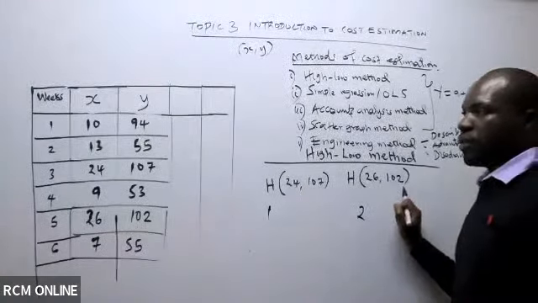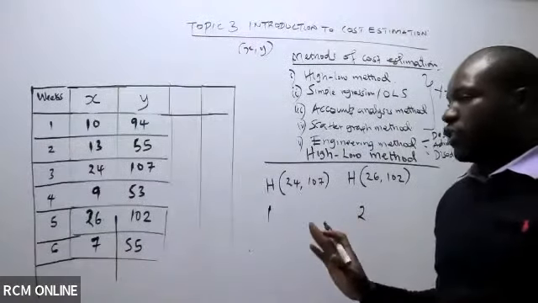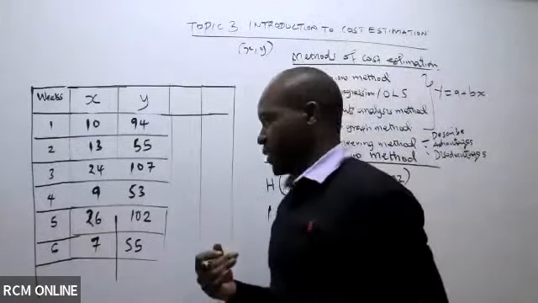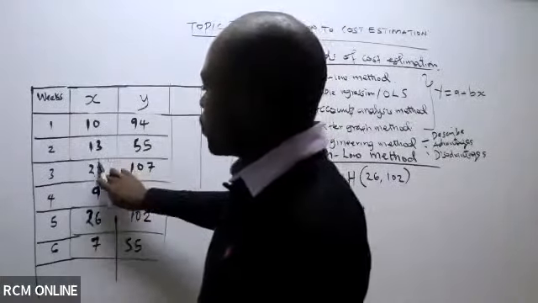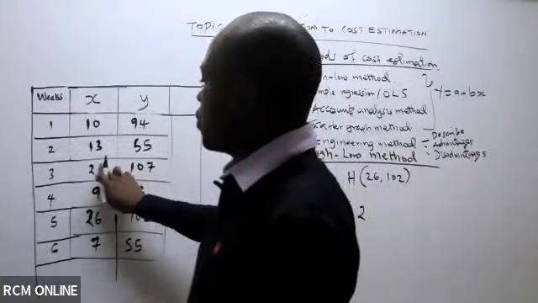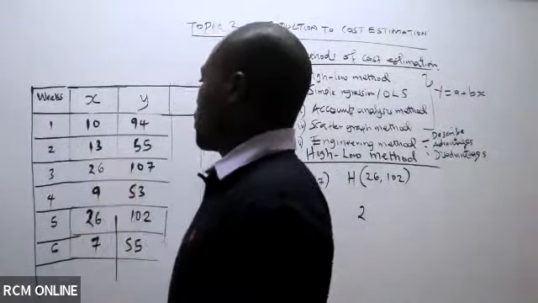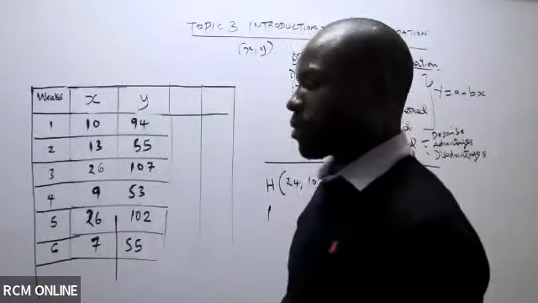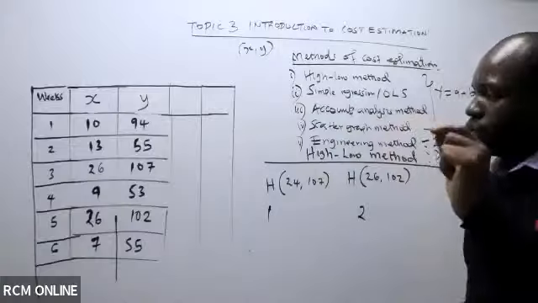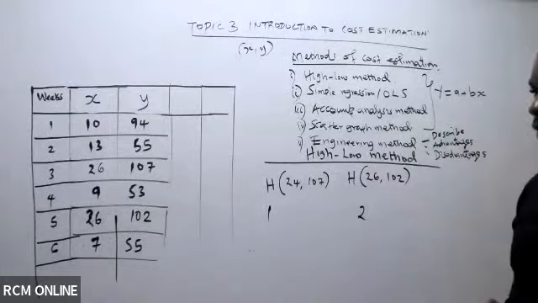So that leaves us with 26, 102, right? Good. Now, we are not going to change anything. Don't change it from your side. I just want to bring a scenario. What if this one here was also 26? What will we do if this one was also 26? What will happen? Still, we are not going to divert our focus from column X, right?